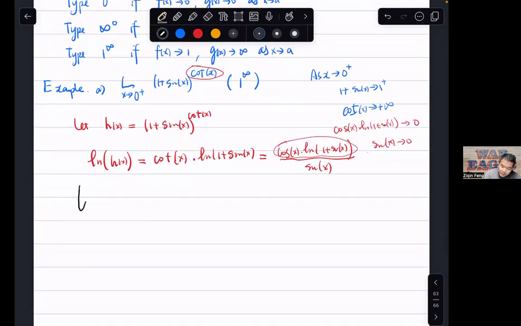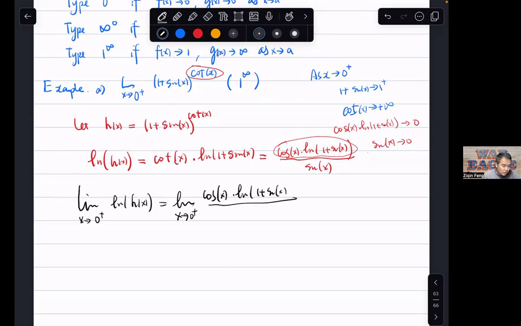So we know that as x goes to 0 plus, natural log of h of x equals the limit as x goes to 0 plus of cosine of x times natural log of 1 plus sine of x, over sine of x. So this is 0 over 0 by our discussion.